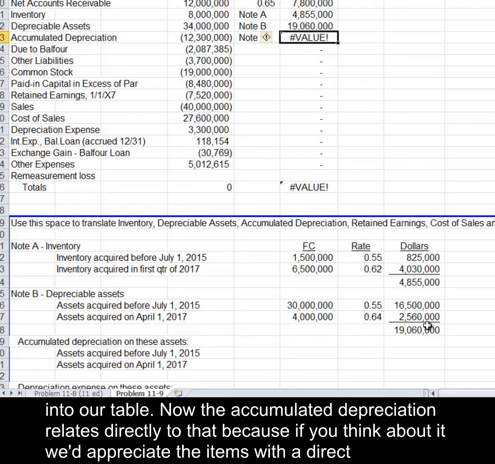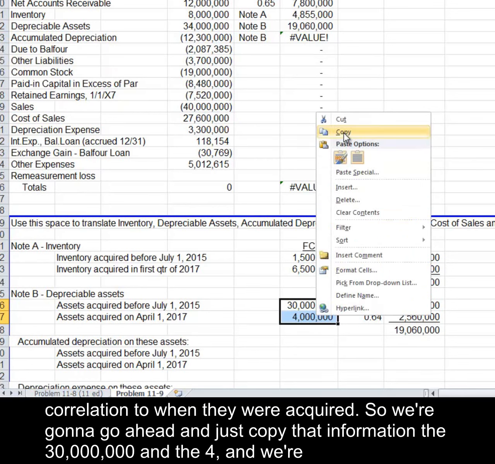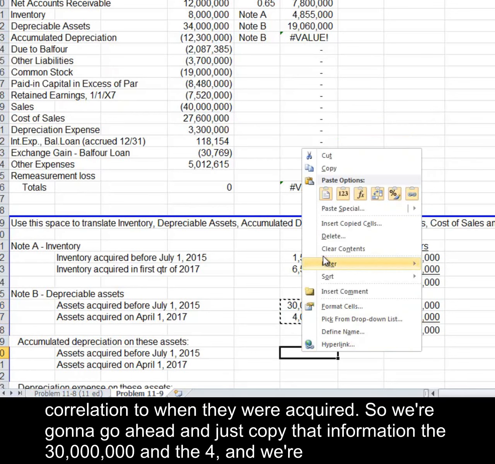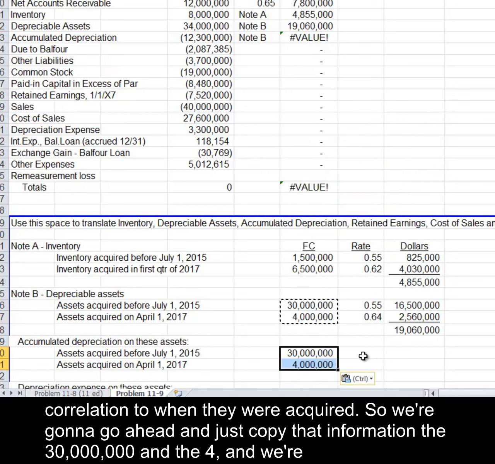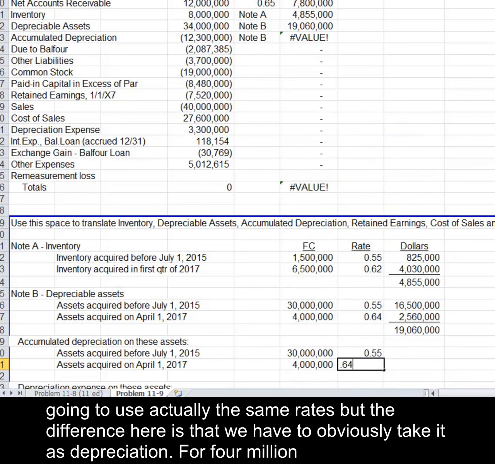Now the accumulated depreciation relates directly to that because if you think about it, we depreciate the items with a direct correlation to when they were acquired. So we're going to go ahead and just copy that information, the 30 million and the 4, and we're going to use actually the same rates. But the difference here is that we have to obviously take it as depreciation.